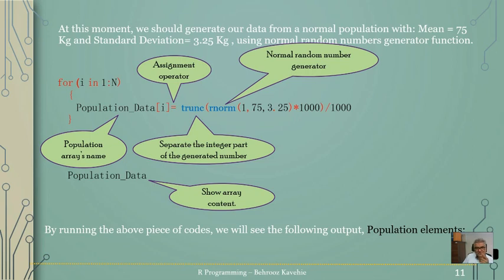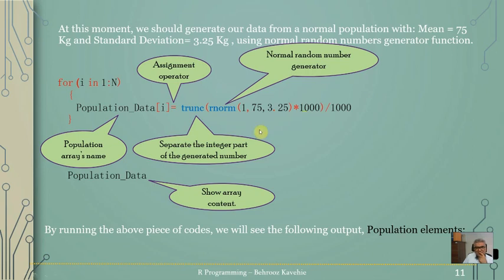Hence, the number is not going to have more than 3 decimals. 2 decimal digits would suffice, but 3 is also good, since we could easily convert 1000 grams to kilogram.